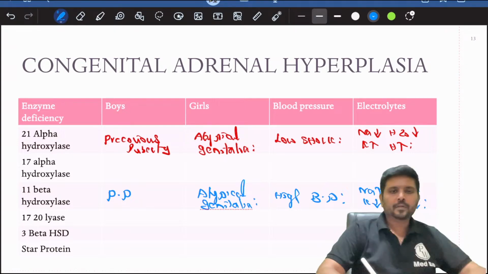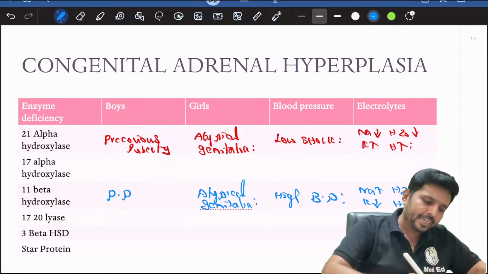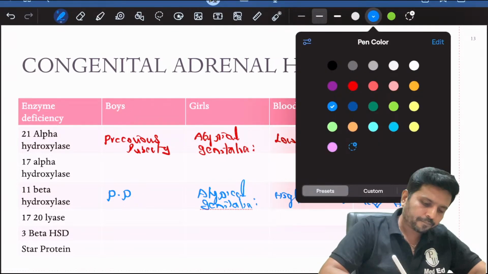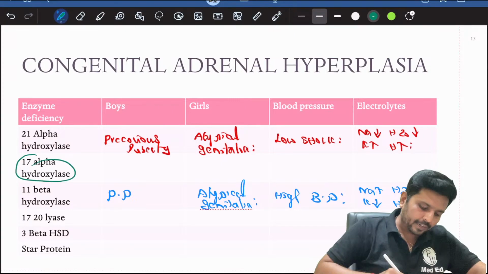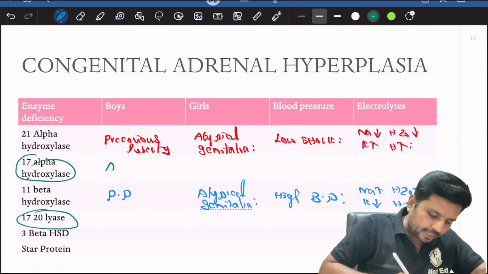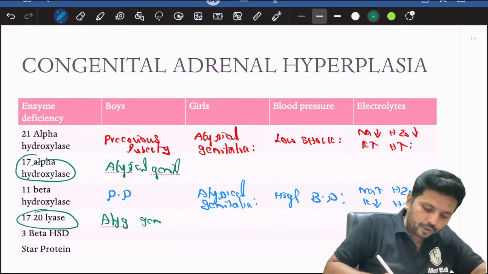Then 17 alpha hydroxylase and 17,20 lyase. In boys it is characterized by atypical genitalia because this pathway is useful for the production of testosterone.